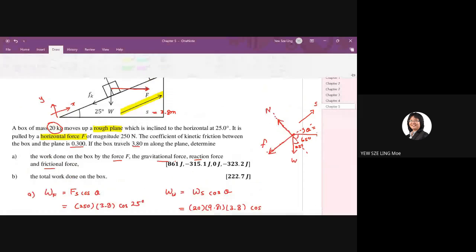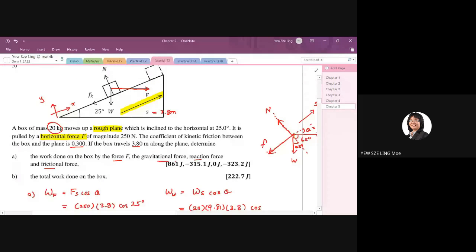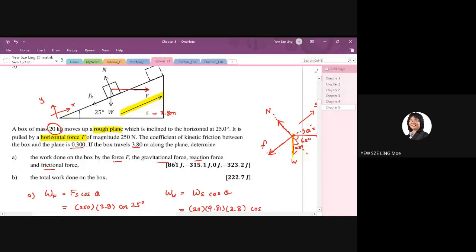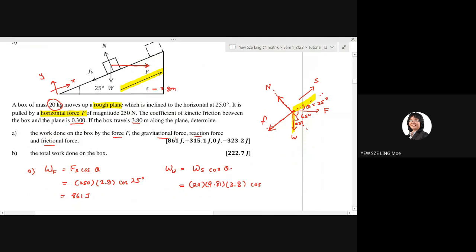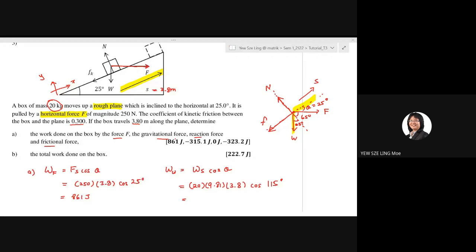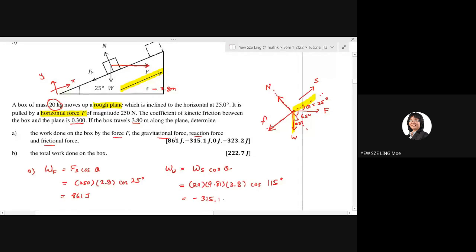Looking at the diagram, my W is going down and my S is going up along this direction. So that is the angle we want. The angle between S and W, according to the diagram, is 90 degrees plus 25 degrees, so 115 degrees, which then gives you a negative 315.1 joules.